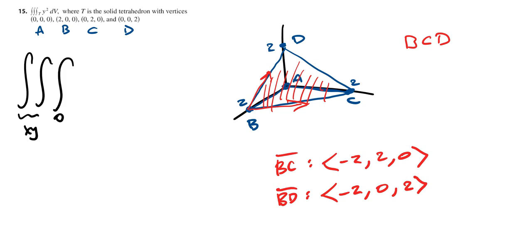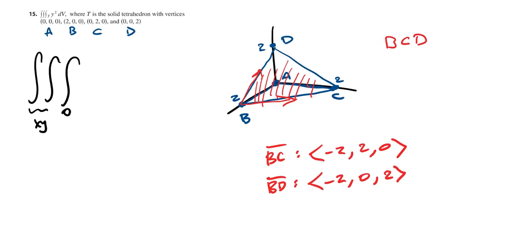So what I did was I formed two vectors that are on the plane, and now I formed the cross product of them. The cross product will give me a vector that is perpendicular to the plane. So this is going to give me 4, 4, 4.